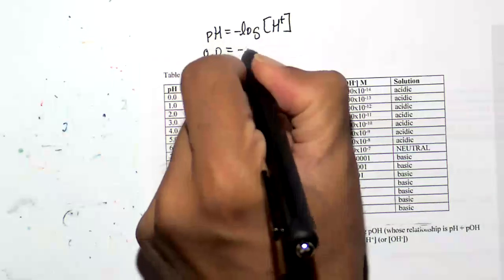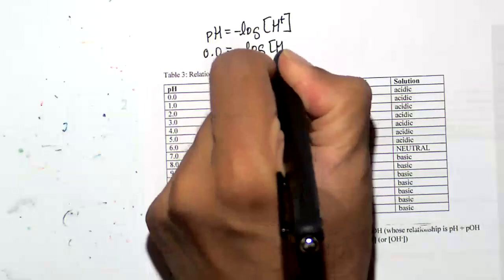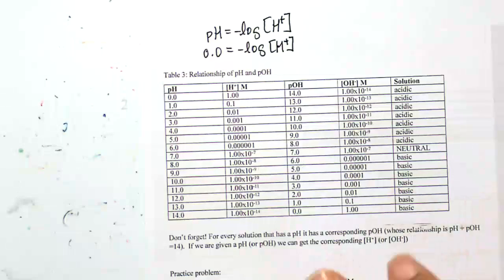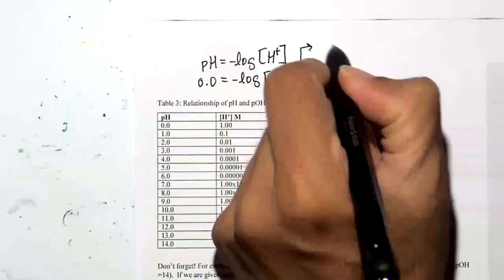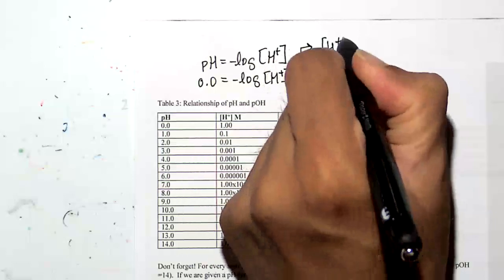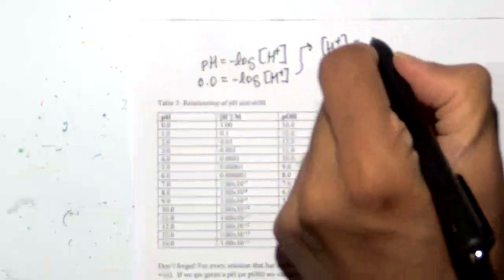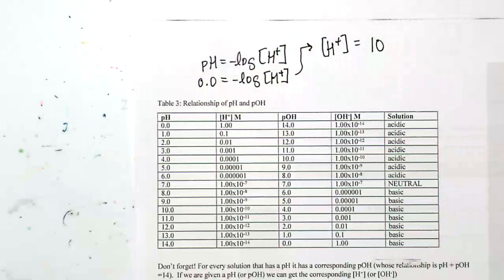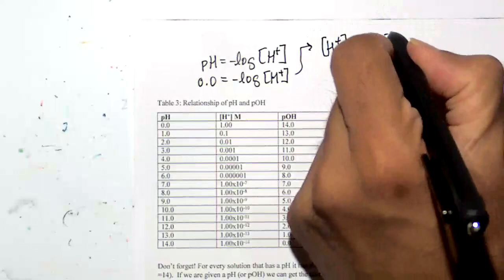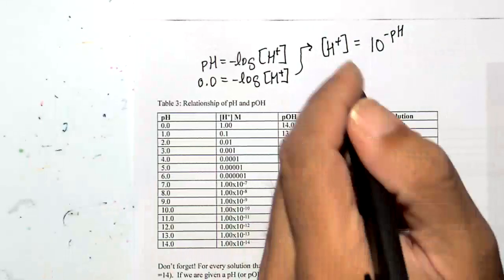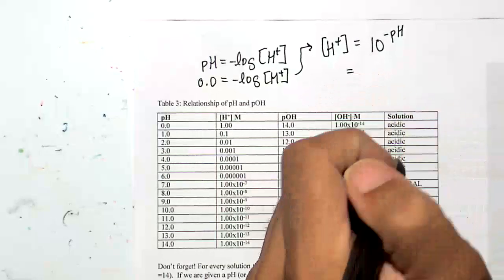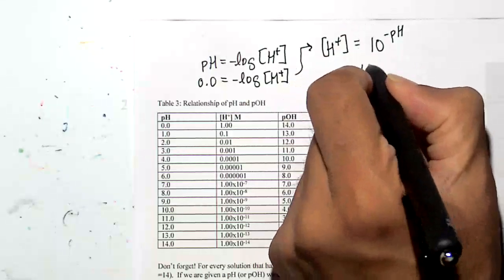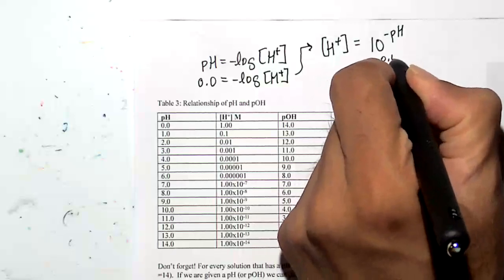So if they say your pH is 0, how will we get to our H plus concentration in moles per liter? We're going to do 10 to the power of minus pH. So what's 10 to the power of 0? Anything to the power of 0 is 1.